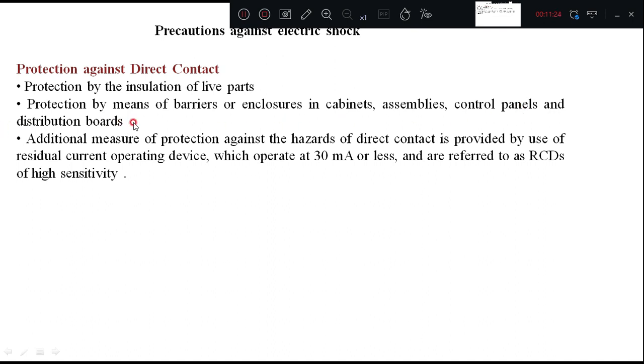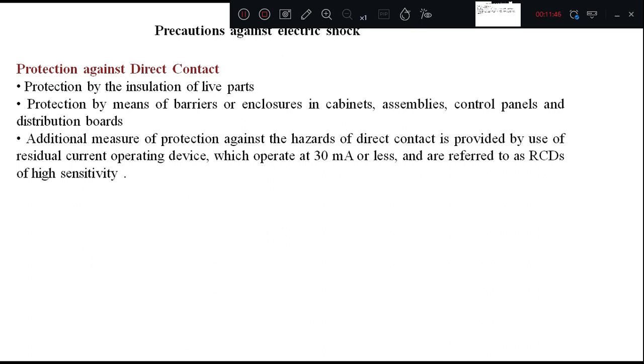That is, the live wires are kept behind barriers or in enclosures, in the form of cabinets, assemblies, control panels and distribution boards, so that they do not come in contact with human beings.